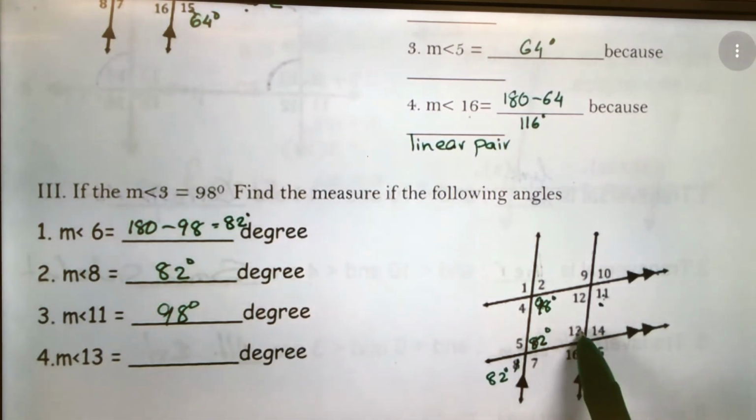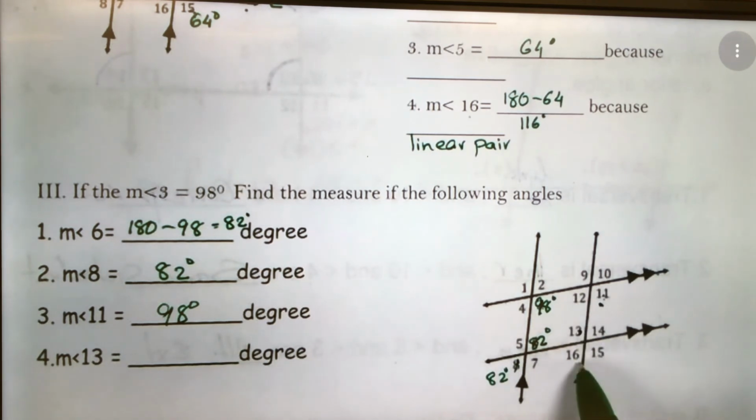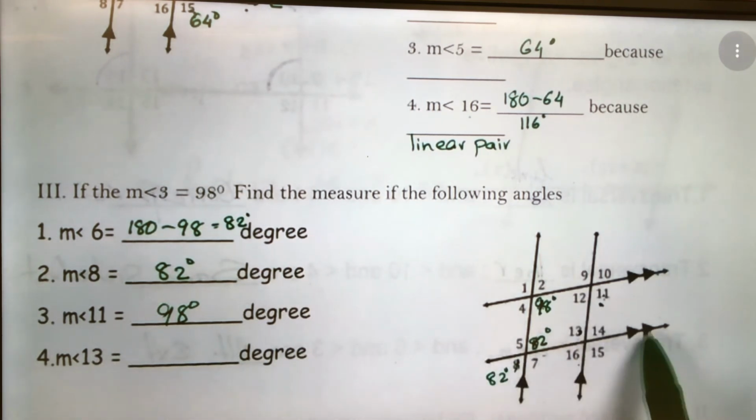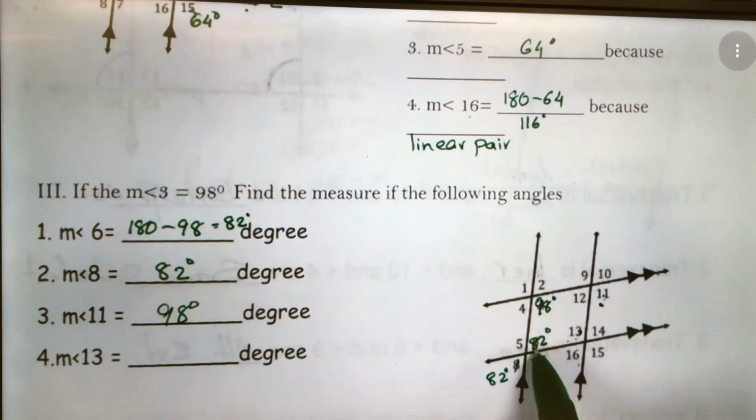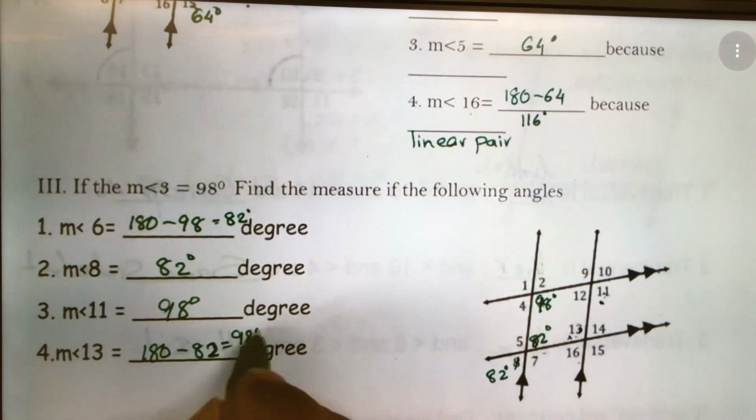Can it have a parallel line? So these two lines are parallel and this is the transversal. These two angles add up to 180 because you are right, they are same side interior. So to figure out 13, 180 minus 82 becomes 98 degrees.